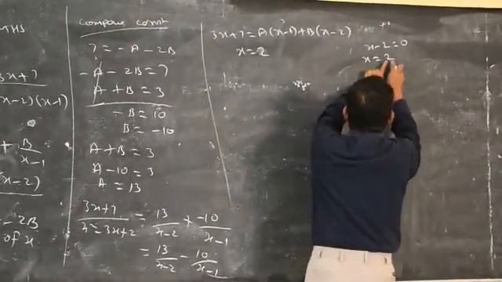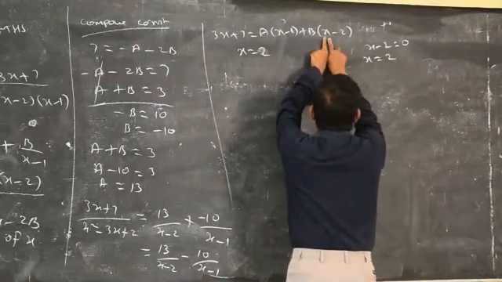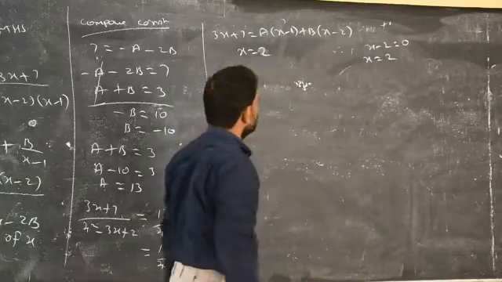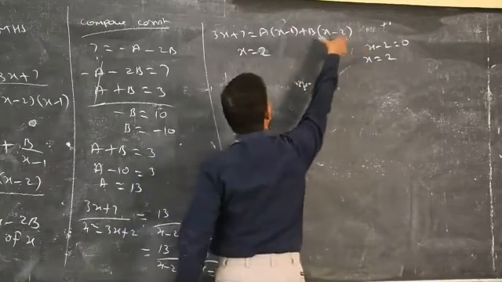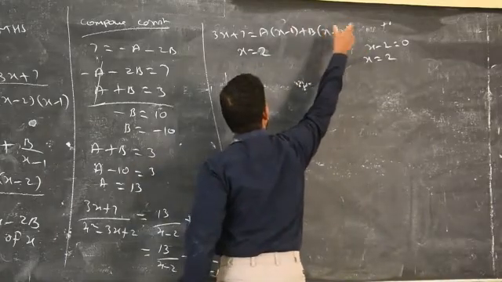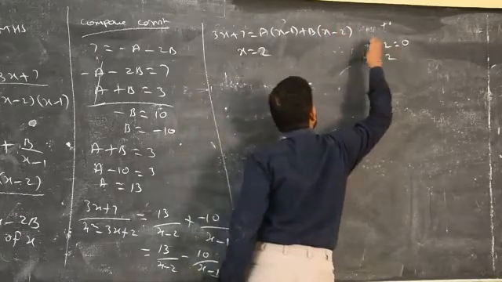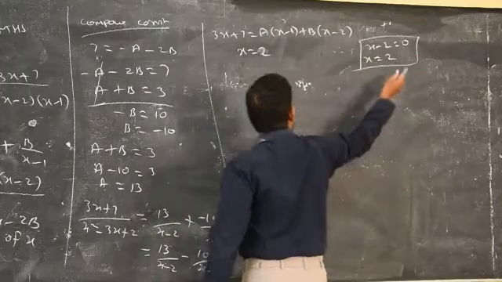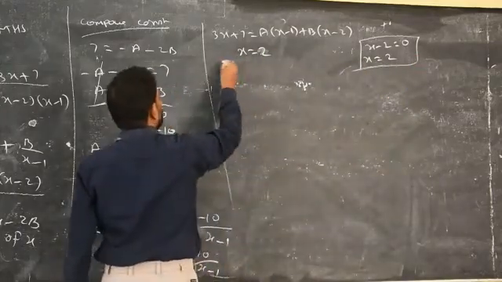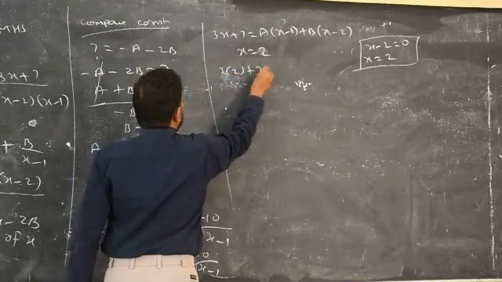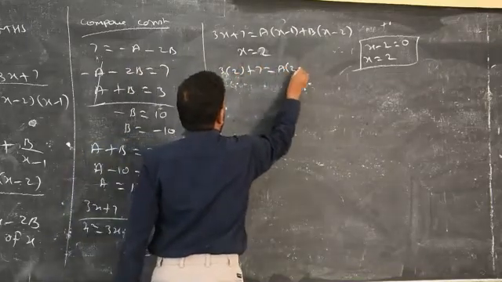When you replace x is equal to 2 in this process, then 2 minus 2 is 0. Therefore, I am replacing x because I would like to make the second term 0. What is the second factor of the second term? x minus 2. So x minus 2 is equal to 0. From this you have to find what x is. Then replace x by 2 on both sides. 3 of 2 plus 7, a of 2 minus 1.